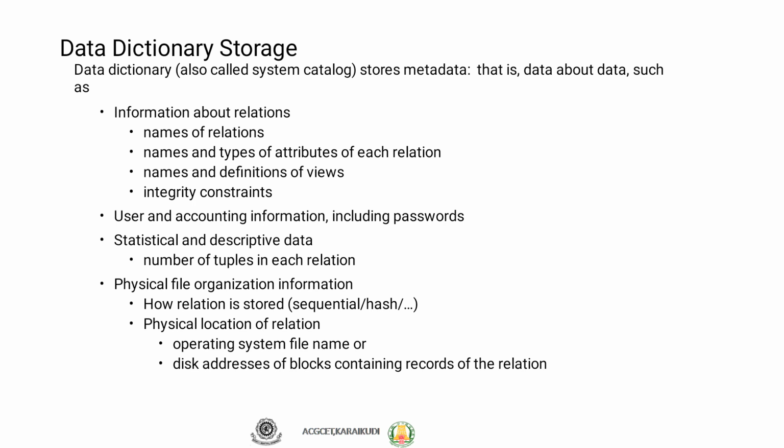We will also need to store information about each index on each relation, that is, name of the index, name of the relation being indexed, attributes the index is on, type of index.